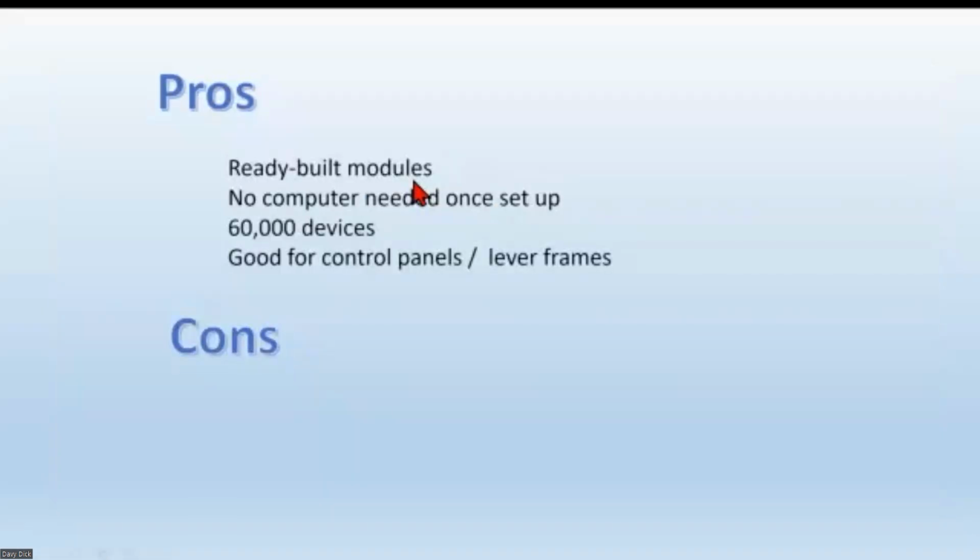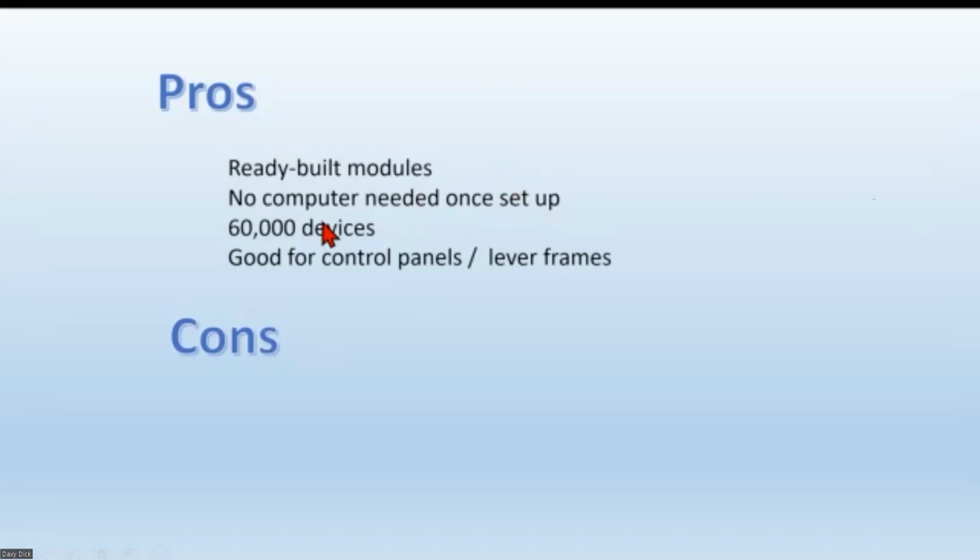Now, the pros for that, they're already built. The pros for that is, once you've got it working, you don't need a computer. You do need Wi-Fi to get it set up, but after that, it runs by itself.